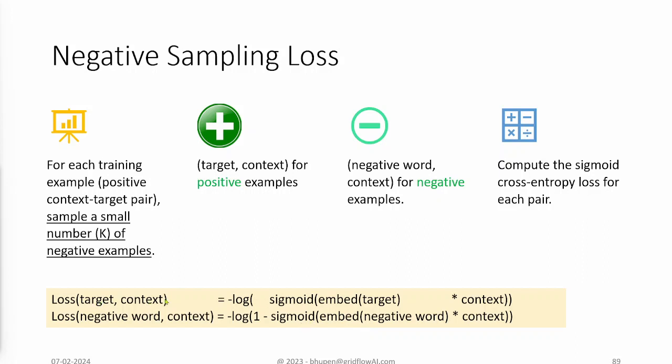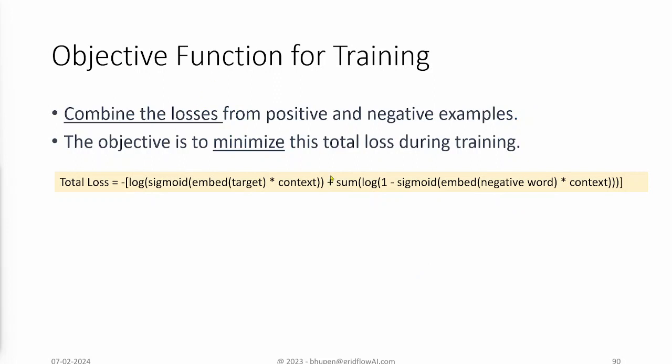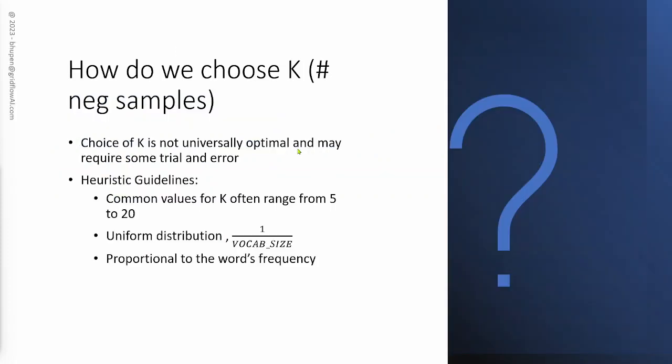For the positive pair, it is going to be log of the activation. When you combine these two, that gives us the total loss function, and the classifier tries to minimize the error. Intuitively, the classifier gains the ability to predict the right, positive target word given the context. That essentially is the idea of negative sampling.